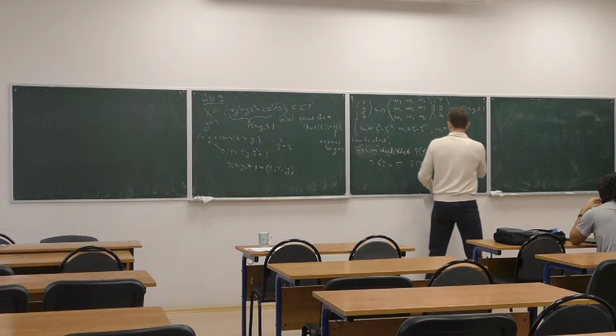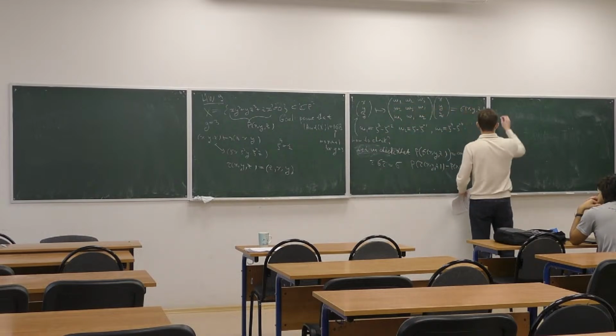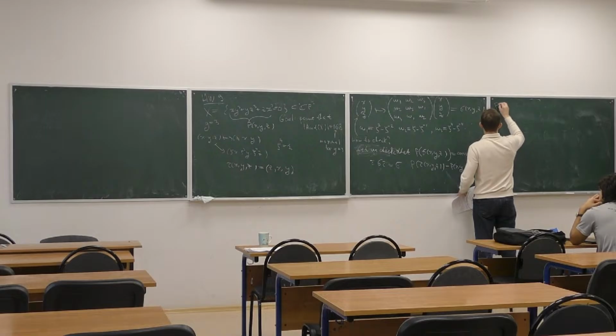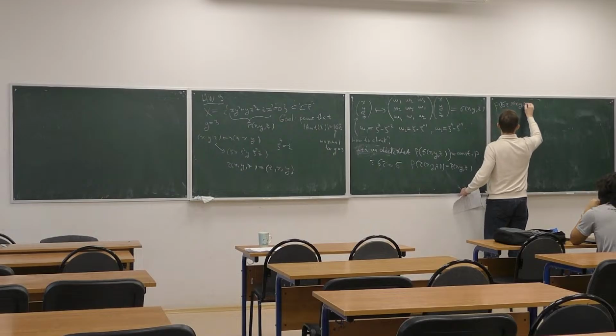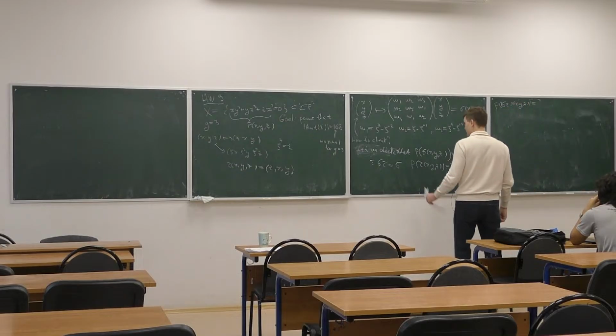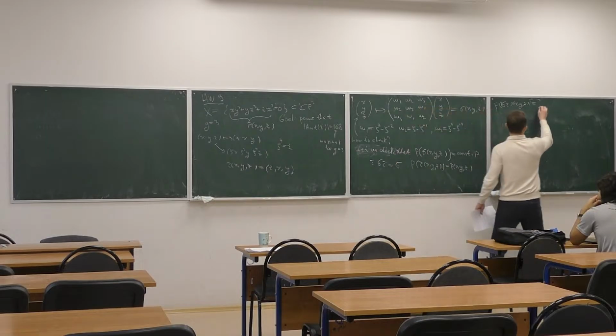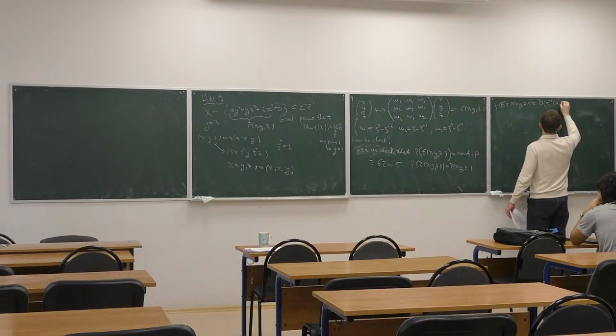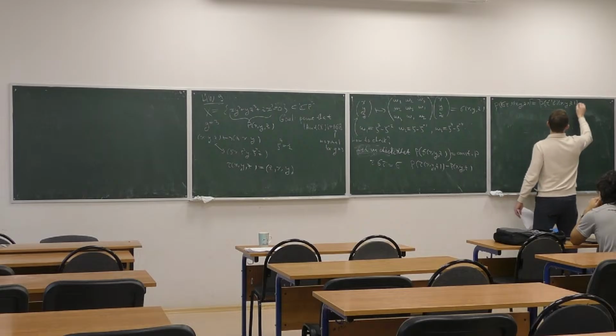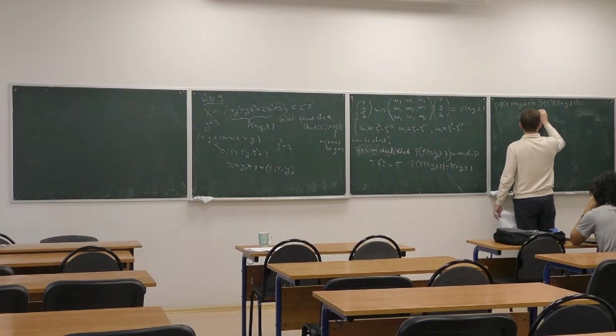So basically, I first want to say that if you now write p of sigma tau (x, y, z), then this is equal to p of tau inverse sigma applied to (x, y, z), and then this is equal to p sigma (x).